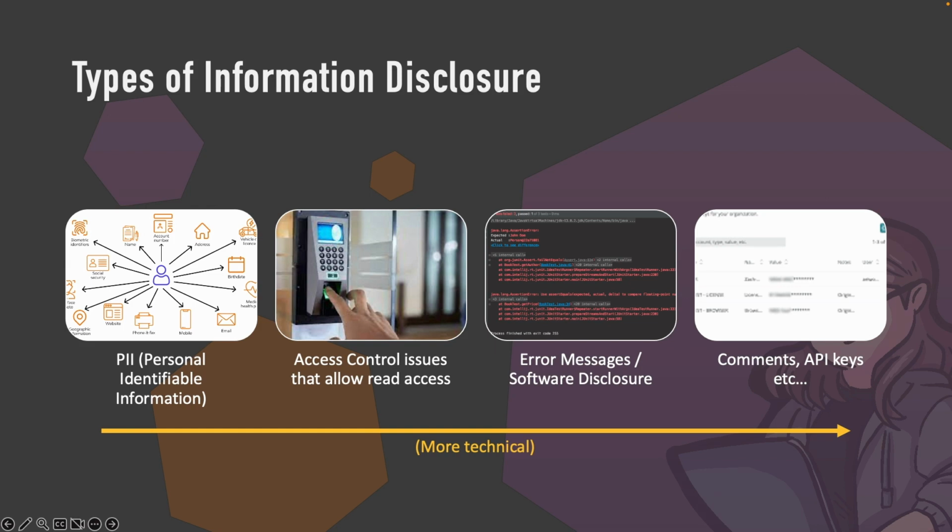We've got error messages and software disclosure type vulnerabilities. These are often part of a bug chain because you can cause an error, see what software they're using, and then use that to try, say, for example, known vulnerabilities or application level DoSes. And at the very end, we have looking through code to find comments or API keys or just anything sensitive that might be in there.